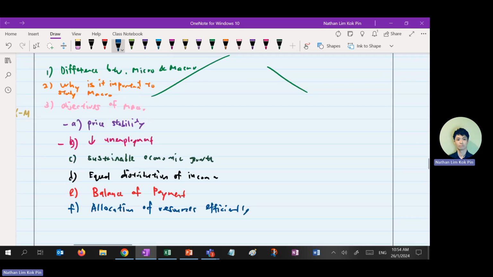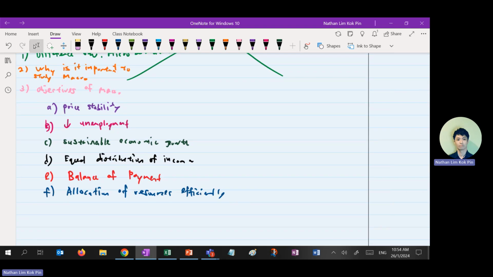I give you the summary of everything for these first two chapters. So, the objectives of macro have 6, but the most important are these 3: price stability, decreased unemployment, and sustainable economic growth.